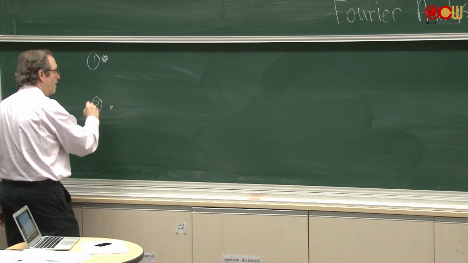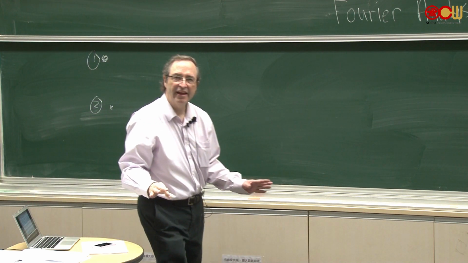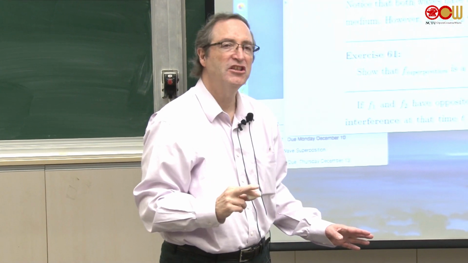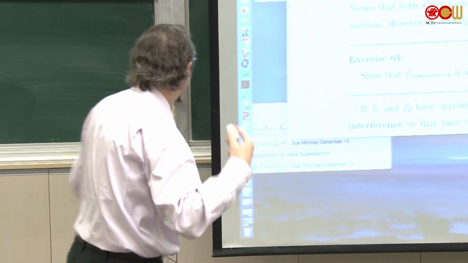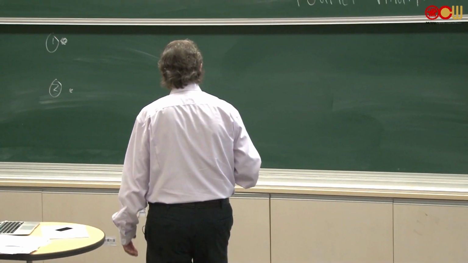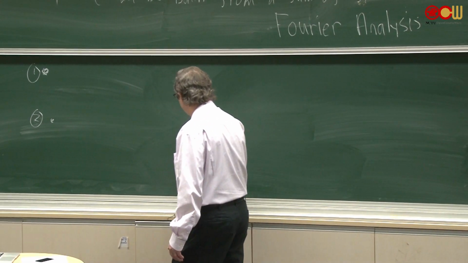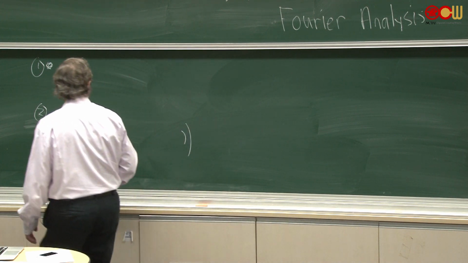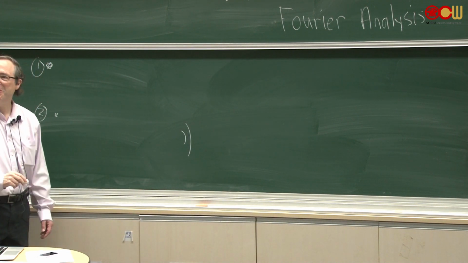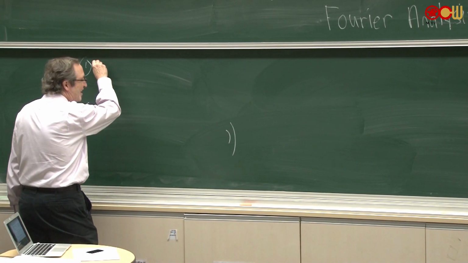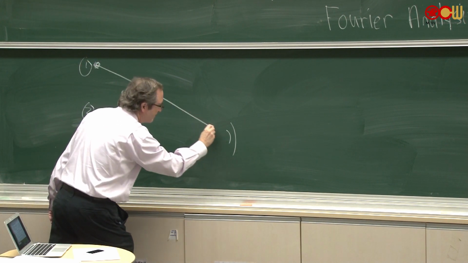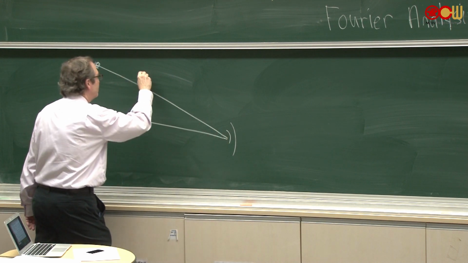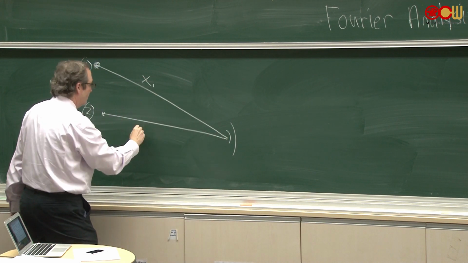They're in phase in every way, except the sources are at different positions relative to where you hear. So let's say you're hearing it over here. That's your ear. So there are two distances. That's one for x. That's the other. So that's x1 and x2.